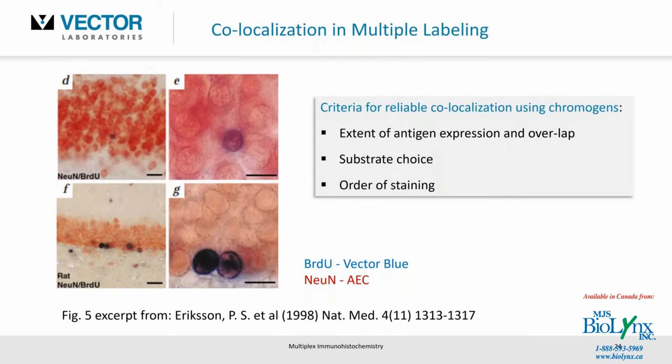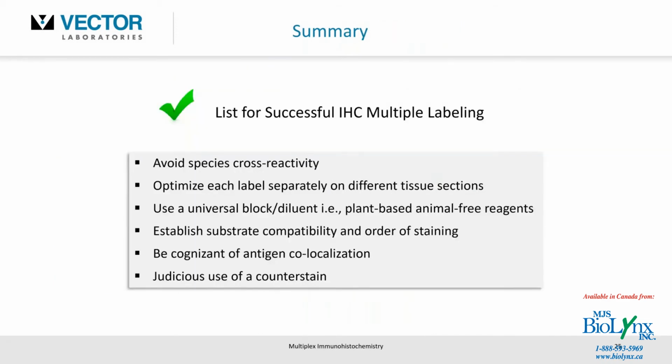I think these authors also had success with the order of the staining, whether they put the BrdU down first, followed by the NeuN. Certainly you can visit the paper to clarify those points. But if you are looking at co-localization, you're going to have to give some serious consideration to the points I've highlighted here.